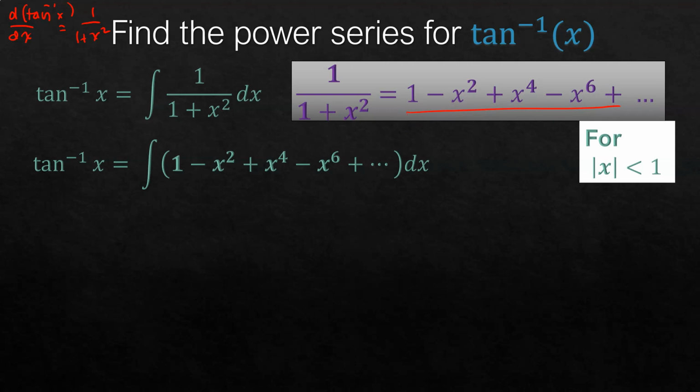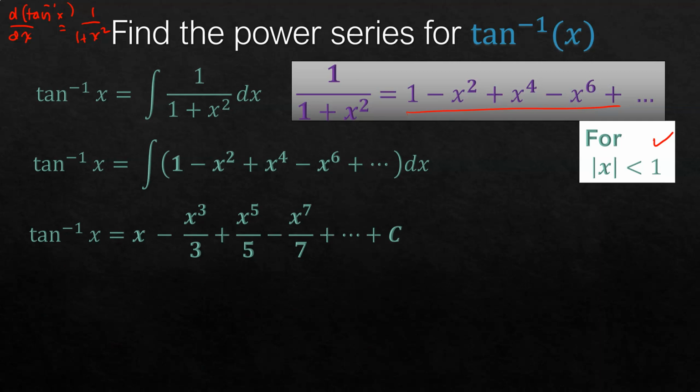Okay, so when we do that, and of course we will do that within the interval of convergence from -1 to 1, not including the endpoints. So we have inverse tangent is going to be now the odd power, right? The alternating odd power divided by that odd number, right?